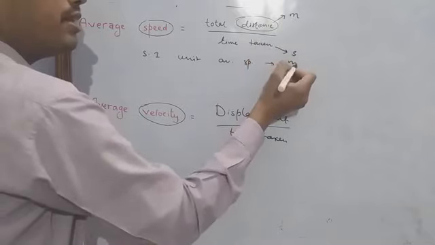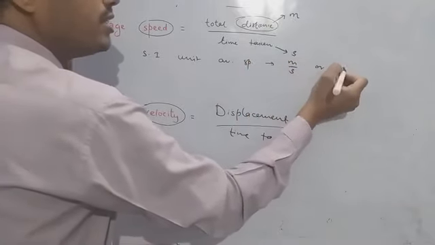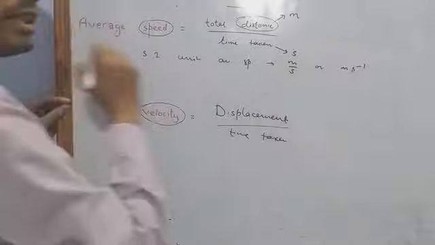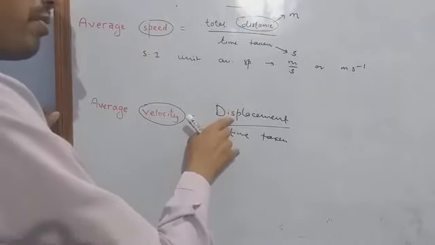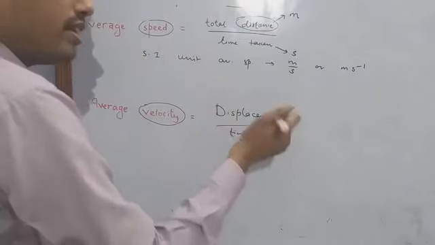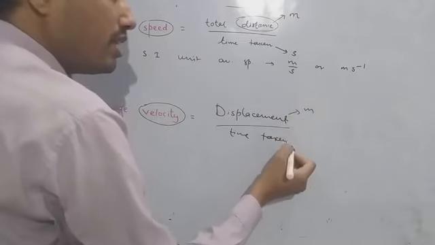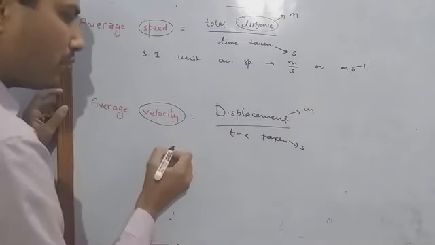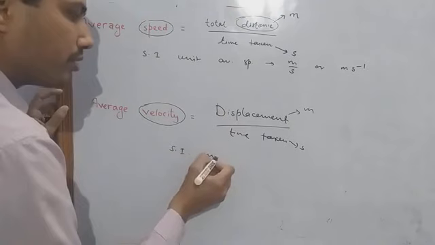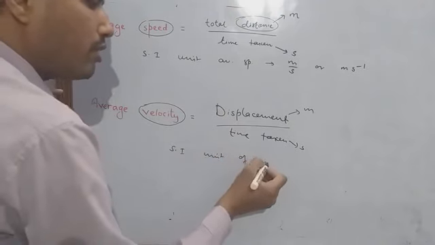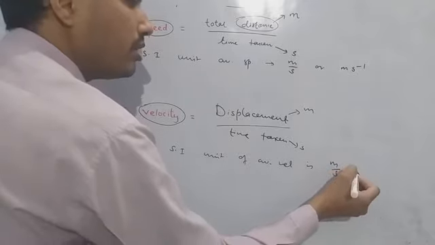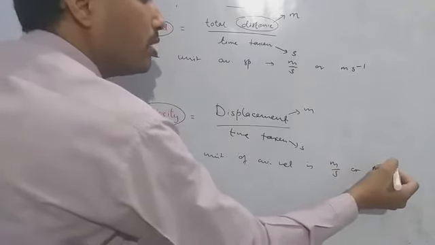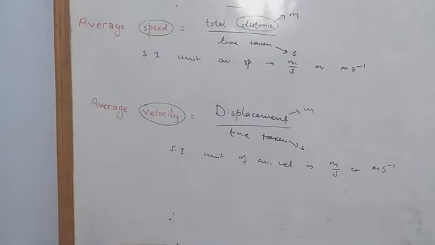Meter by second, which we will write as ms to the power minus 1. Can you guess the unit for average velocity? Of course, since displacement is also a kind of length, its SI unit is meter, and for time it is second, and therefore SI unit of average velocity is also meter per second, or ms to the power minus 1.